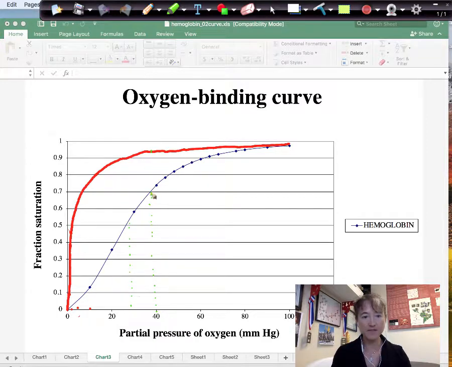There's a very big difference here in the desire for oxygen of these two proteins. So at the level of the tissues, this maximizes the delivery of oxygen from hemoglobin to myoglobin. So what we could say then is that the sigmoidal binding curve of hemoglobin is absolutely essential to enabling adequate delivery of oxygen to the tissues.